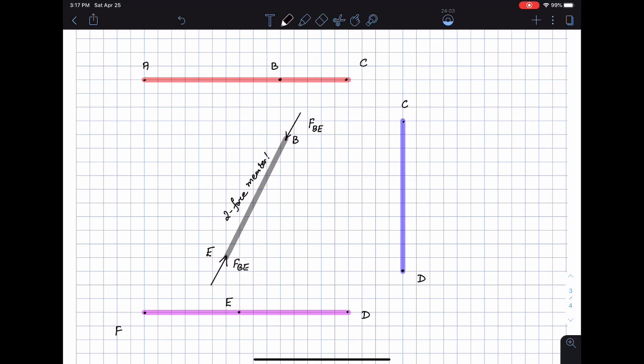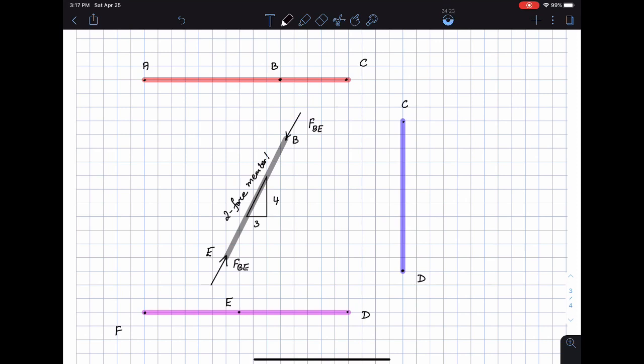This is also FBE. I have a nice slope triangle for the bar BE, which is 3, 4, and 5. If you go back to the figure and see the values of the different distances, you'll find out that this is a 4, 3, 5 slope triangle.